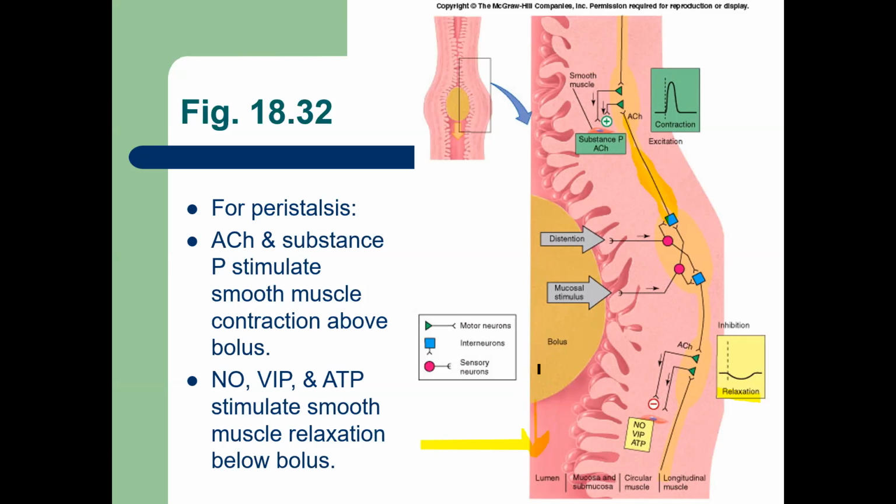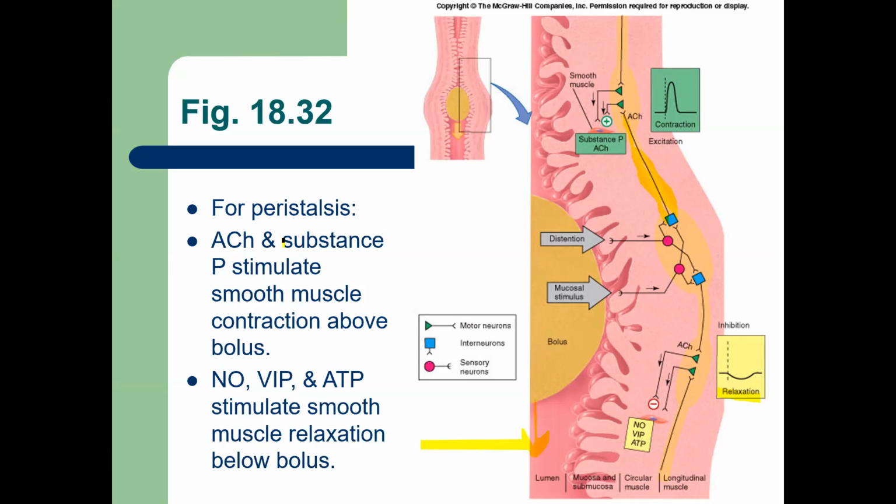So your sensory neurons send signals in different directions depending upon the distension. Upstream, they will tend to cause contraction. Downstream, they will tend to cause relaxation. The food bolus moves, and a new set of mechanoreceptors upstream will cause contraction, while downstream will cause relaxation. You're always causing contraction upstream and relaxation downstream, so you're propelling the food bolus in one direction.